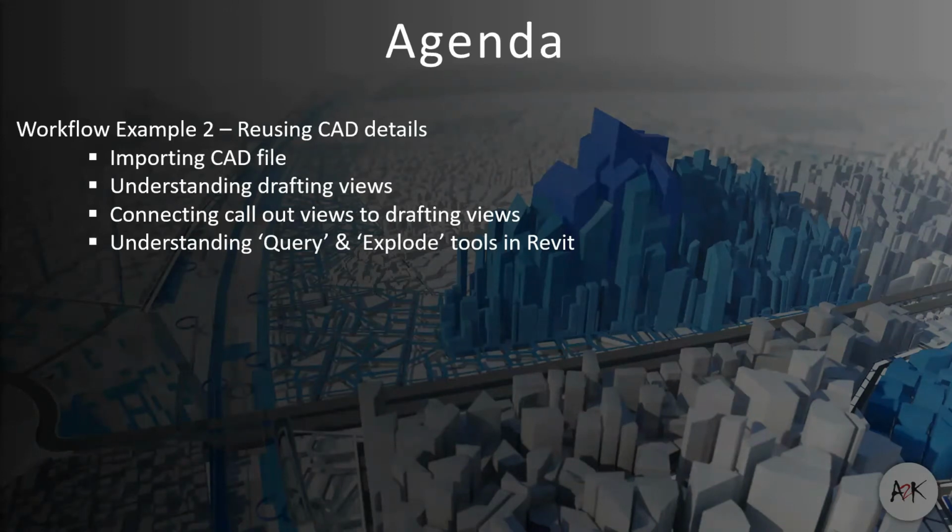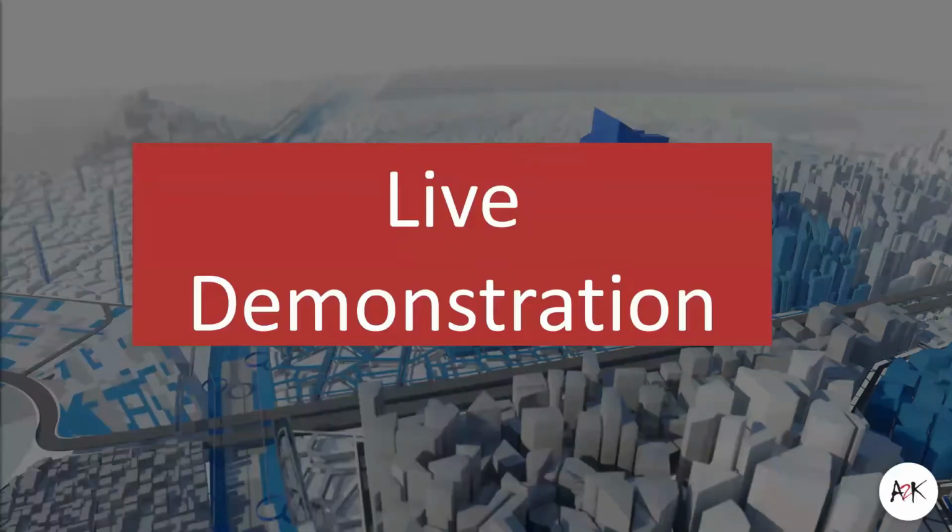We'll use the import tool to bring the CAD file into what's known as a drafting view in Revit, and connect this view to a callout view. We'll also go through the query and explode tools in Revit, which become available to you because of the import functionality.